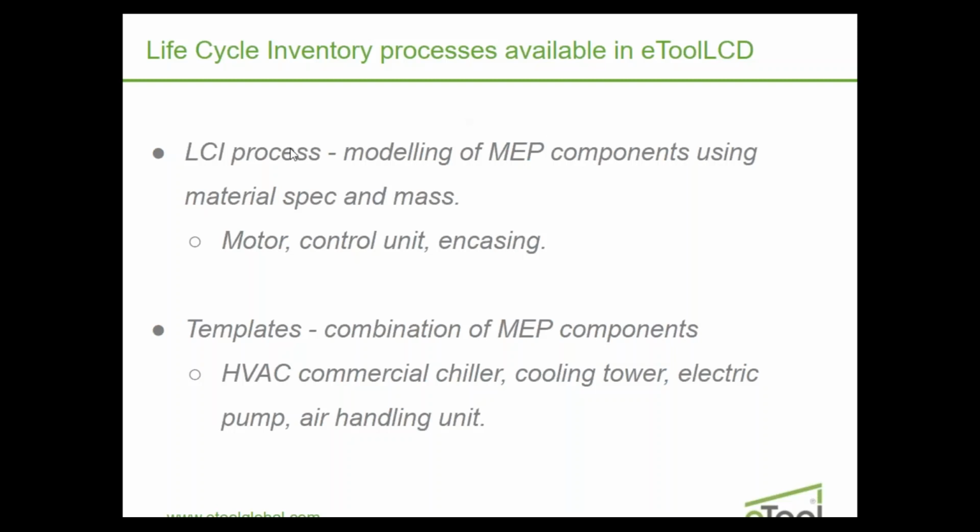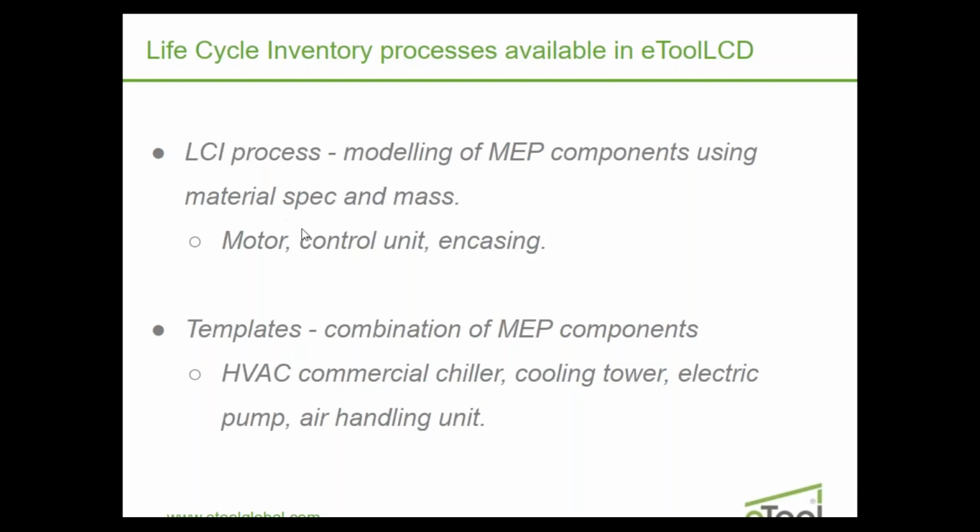So those are specific materials that we use to create things like motors and control units and encasing. So it's like the first level of a map system, a map component.